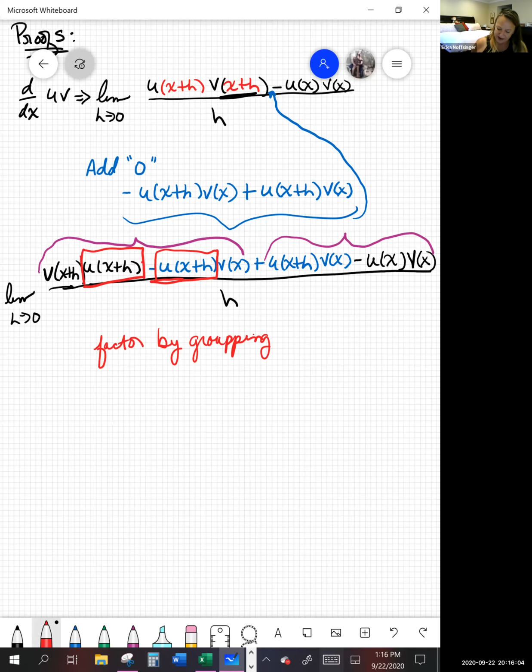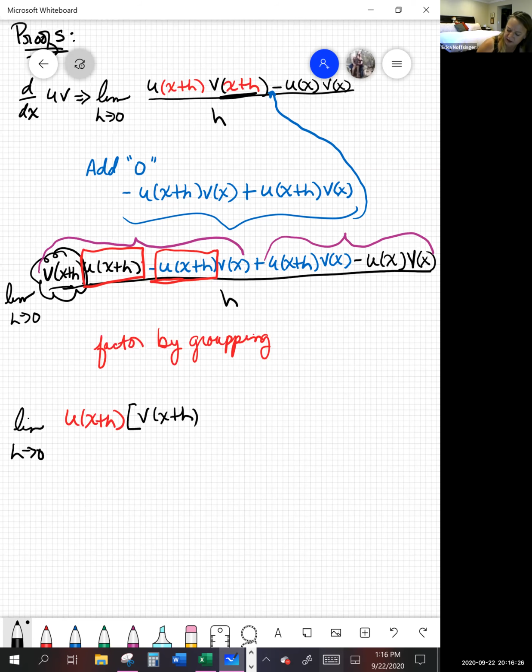So let's pull that out of those two pieces. If we pull that out, we have this u of x plus h times what we're left with, which is this v of x plus h, minus, and if I pull this u of x plus h out, I'm left with v of x.